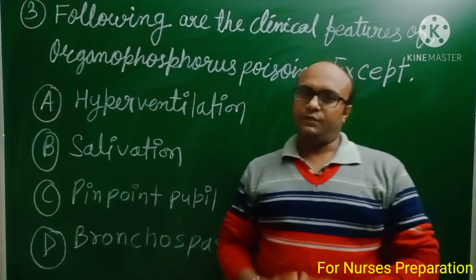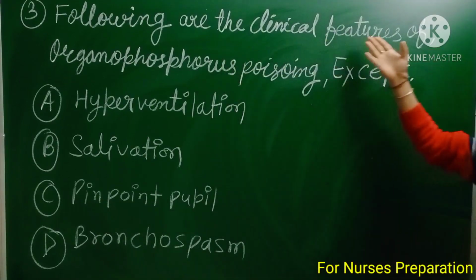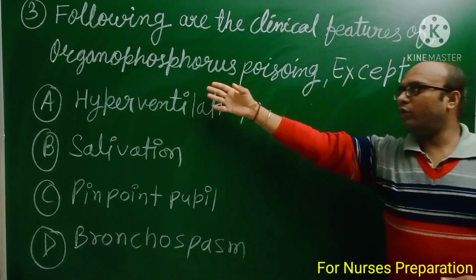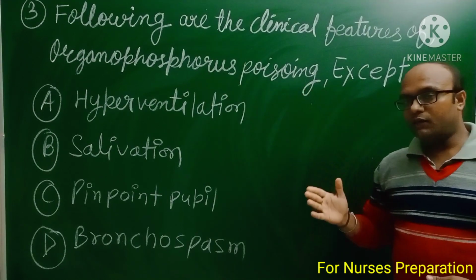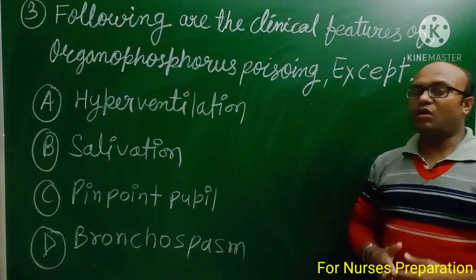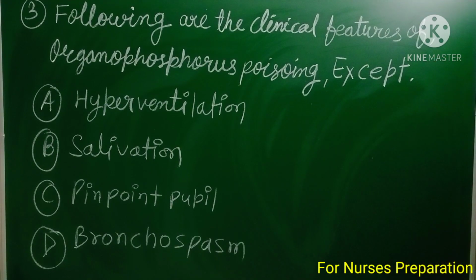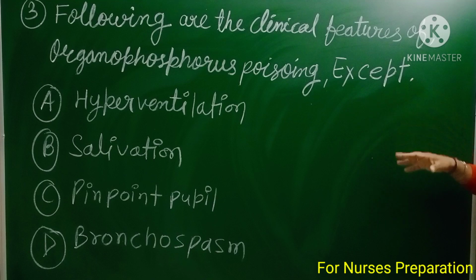Question number 3. Important question. Following are the clinical features or signs and symptoms of organophosphorus poisoning, except. This is the important word, except.